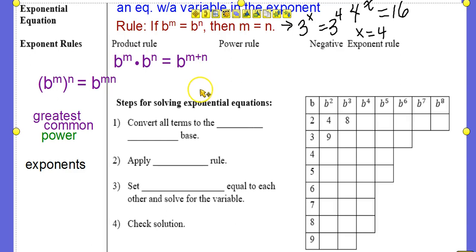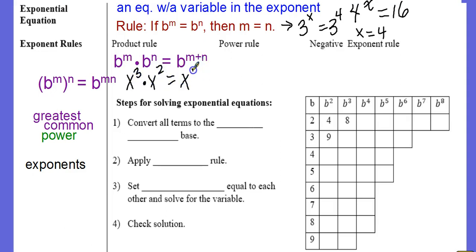We will not be using this exponent rule today. We will use it tomorrow. But we know this, like if I say x cubed times x squared, you tell me it's x to the 5th. You add the exponents.